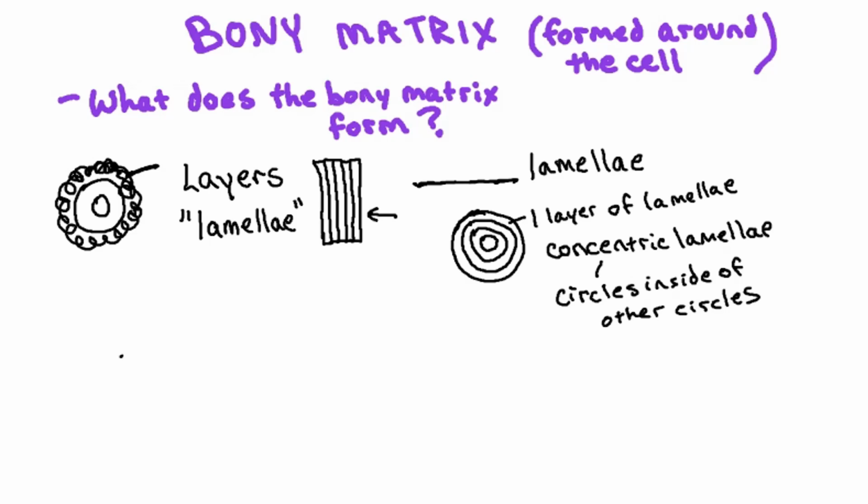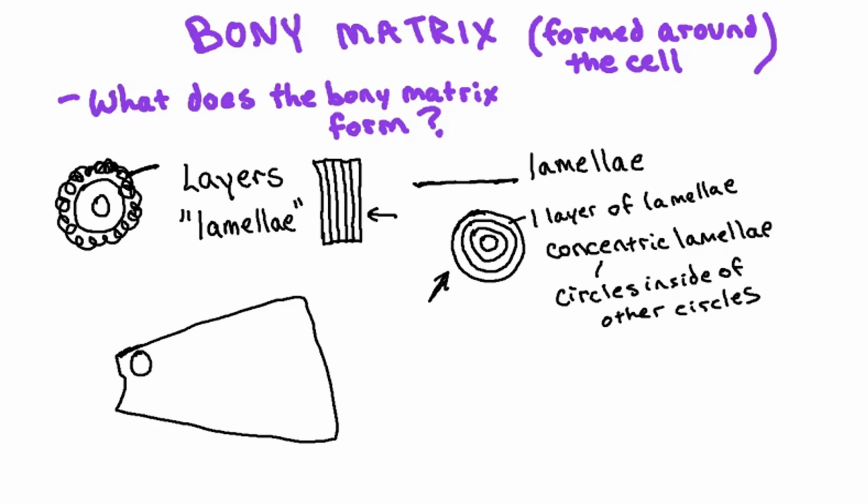Now, when we're looking at a piece of compact bone, and I'll just keep this wedge shape since that's what we had drawn on the previous slide, you can literally see these concentric lamella, these layers, all scrunched up together.